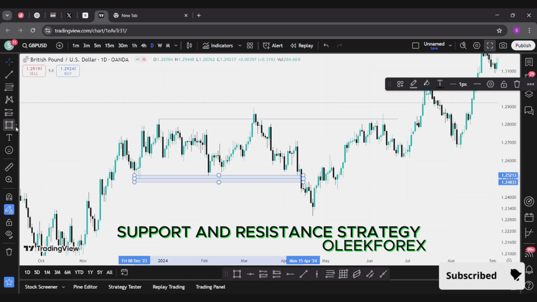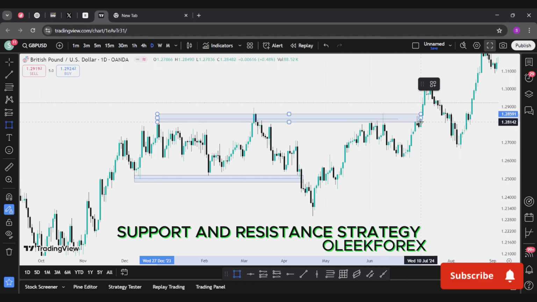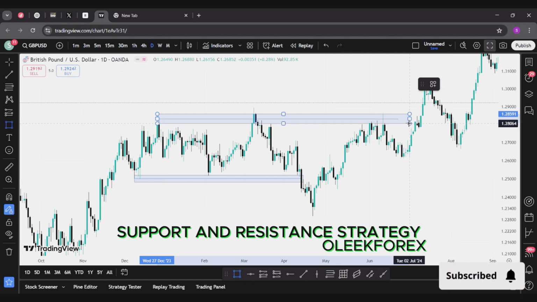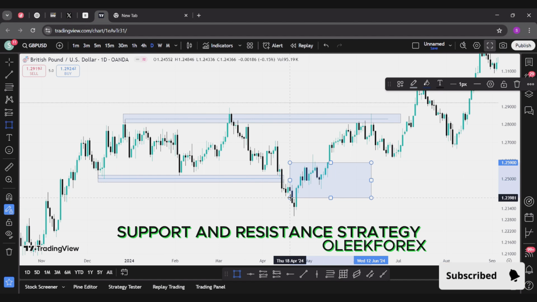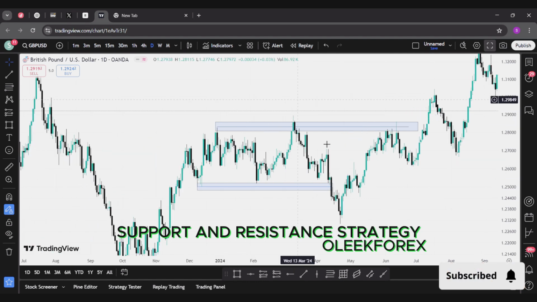It's the same thing with resistance. I'm just randomly picking the points here, so when you go on your chart, just try and find it yourself.